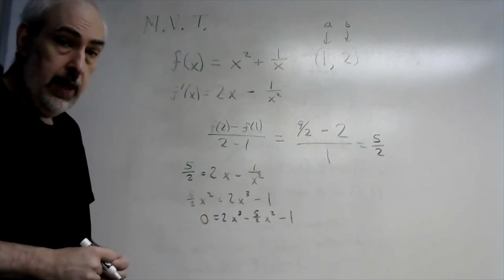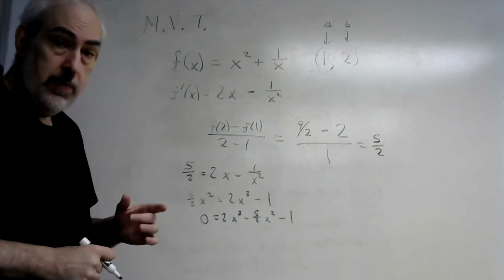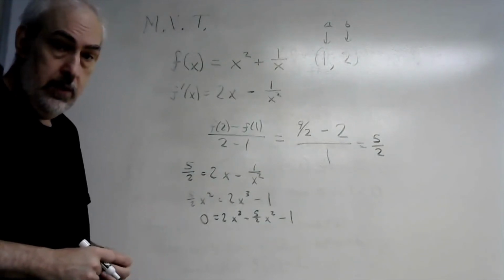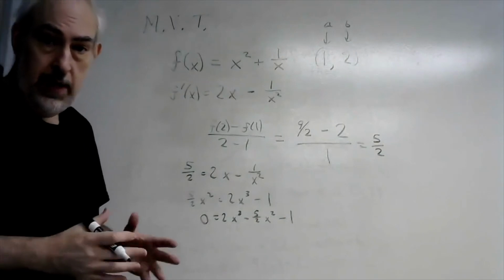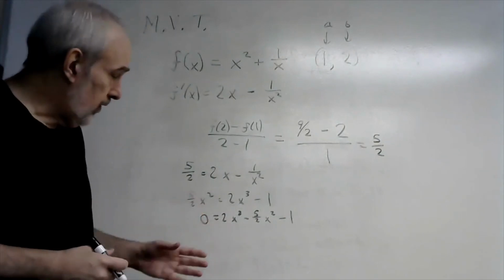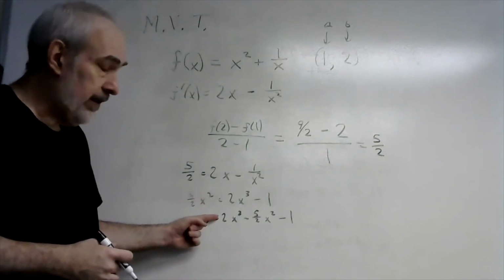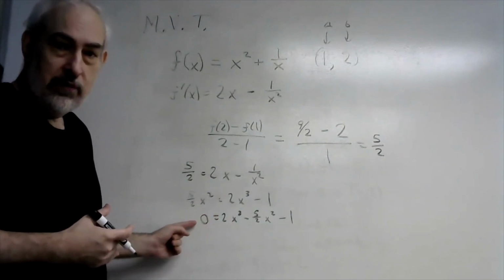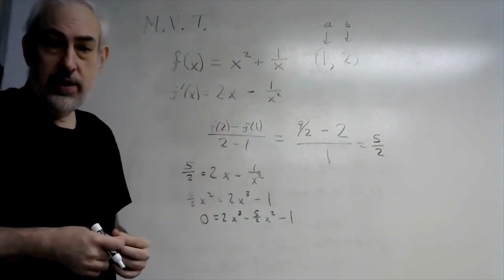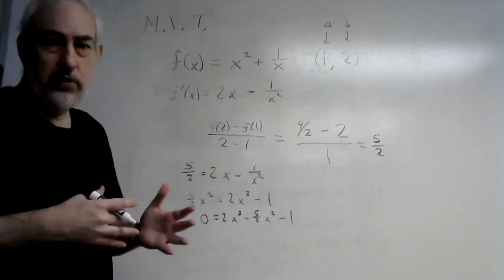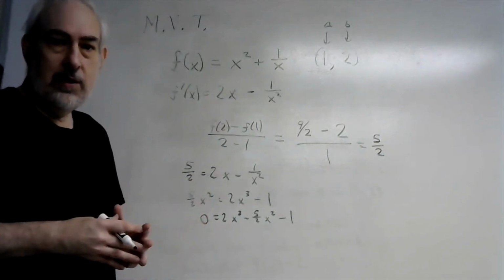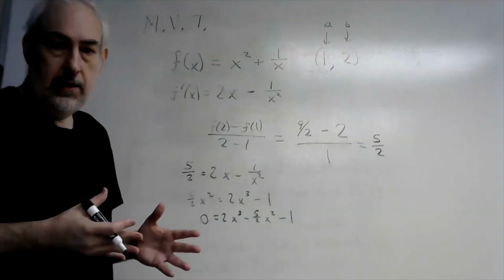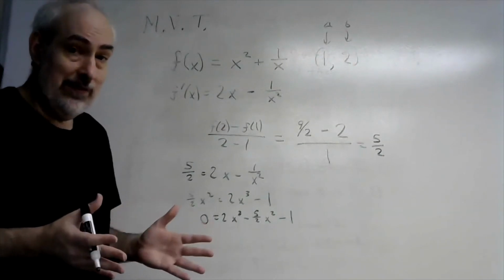Well, I can apply the intermediate value theorem. This may be a problem that you might see on a homework. They might give you some function like this, say f of x equals this, and ask you to prove that f of x equals 0 for some value between 1 and 2.